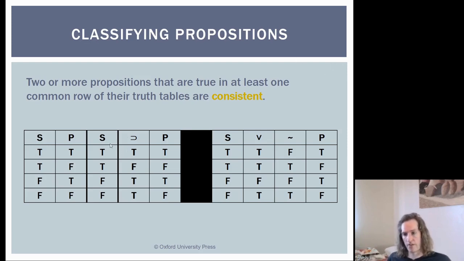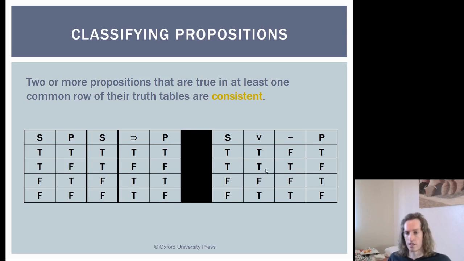So we have if S then P, and over here we have S or not P. The major operator here is the conditional, and the major operator here is the disjunction. We can see that in the first row, both of them are true.